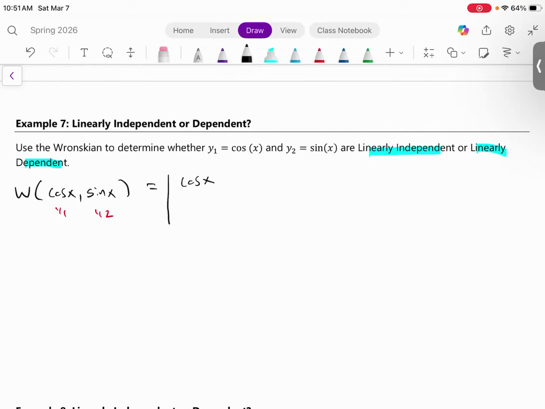This would be cosine x, sine x. And so the derivative of cosine is negative sine. Derivative of sine is positive cosine. And so we cross multiply now.